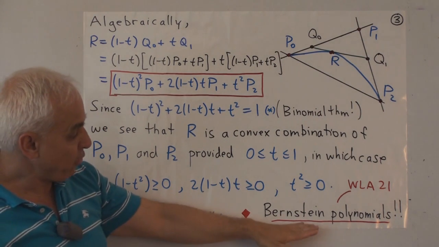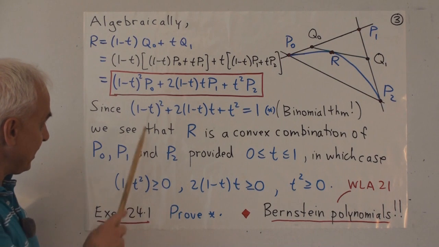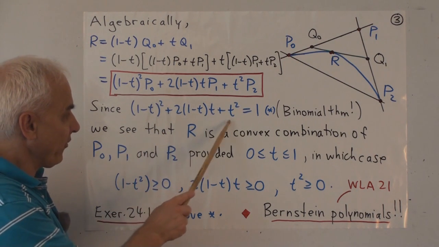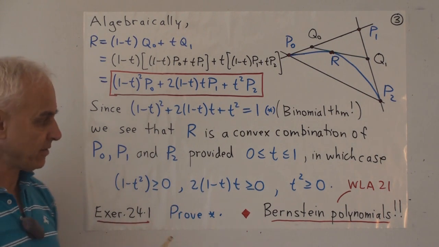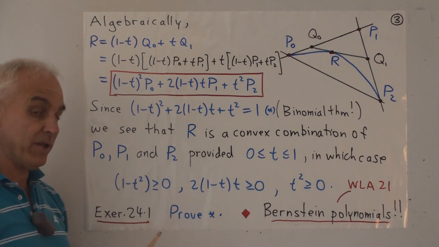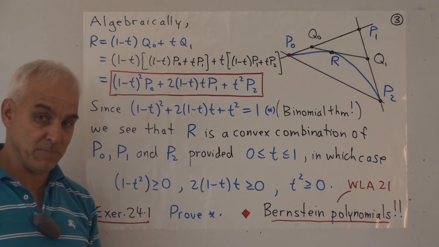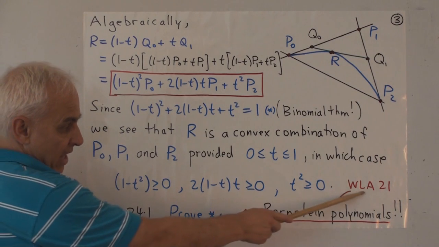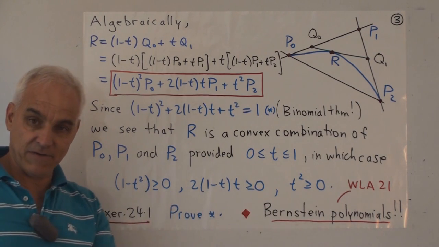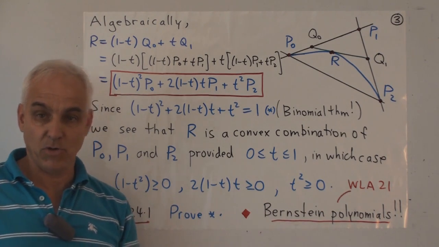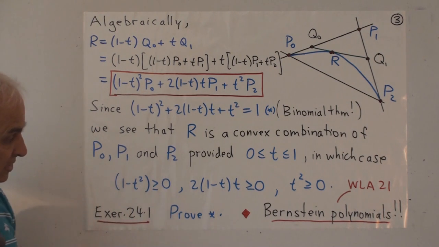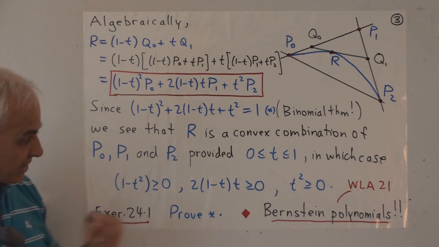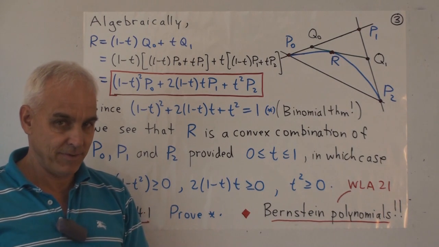And the final important thing to observe is that these polynomials that are appearing here are not at all arbitrary. Hopefully you remember them from a few videos back. In Wild Linear Algebra 21, we talked about different bases of polynomial spaces, and one particularly interesting basis that we looked at was the Bernstein polynomials.